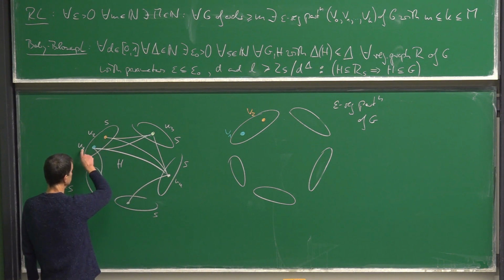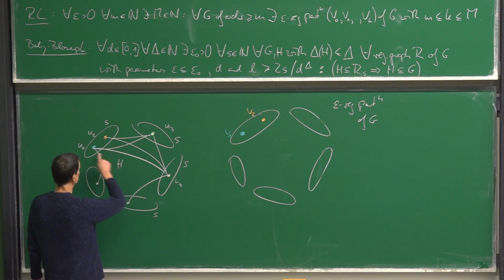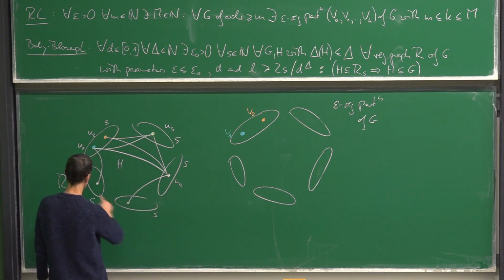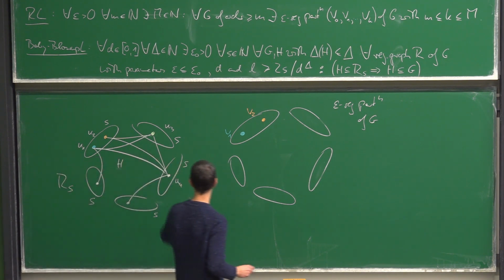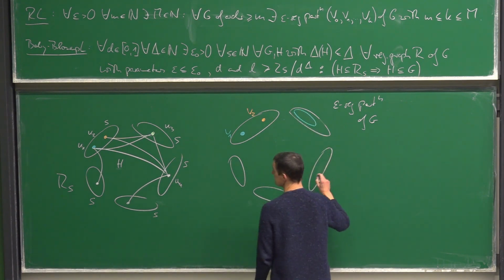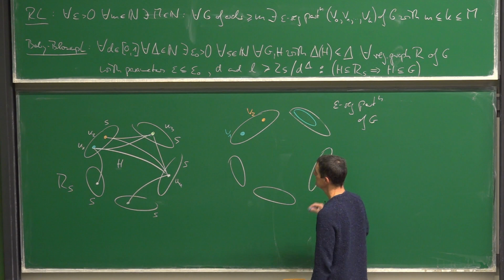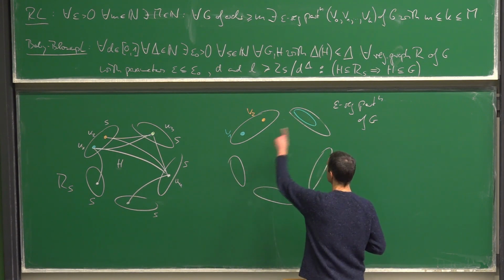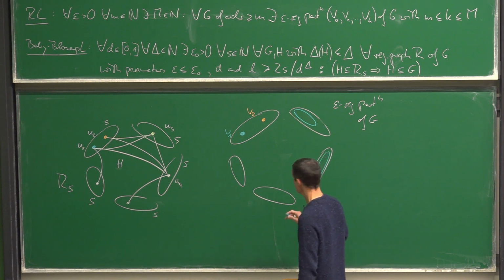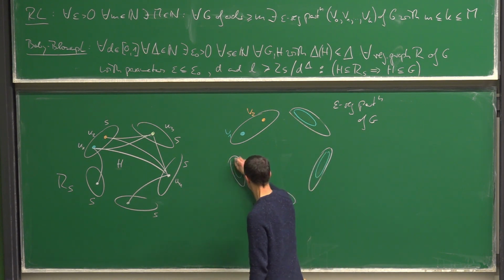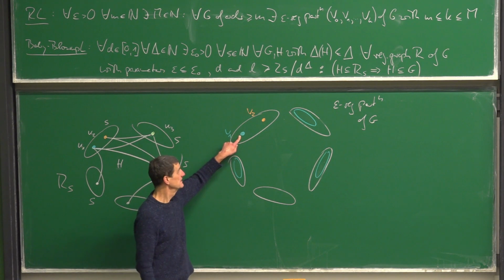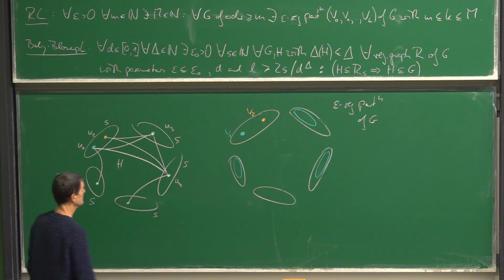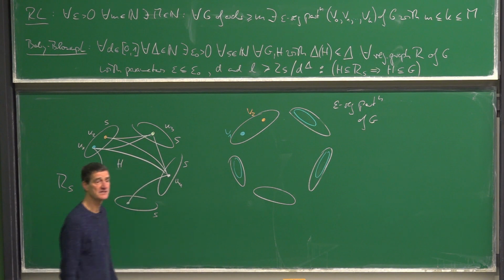So for those neighbors of U1 in H, and in this case, they're U3, U4, and this one, the freedom that we have in embedding those later vertices is restricted. Vertices that are adjacent to U1 have to be mapped to certain subsets of their target class, which I'm indicating in blue to remind you that we're talking about target sets for embedding neighbors of U1 that should in G be adjacent to V1.